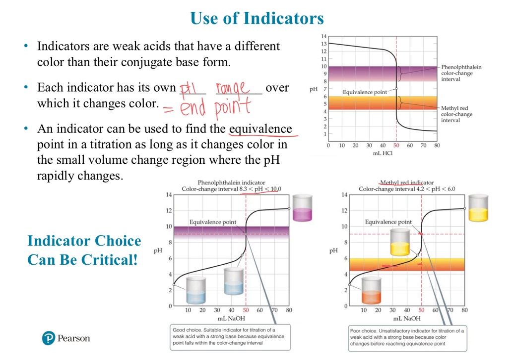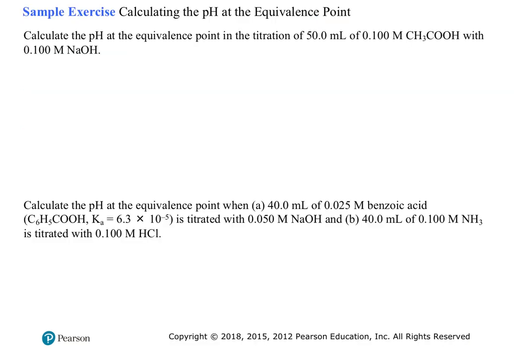So that would be a great indicator for this weak acid, because it will change color in my equivalence point range.